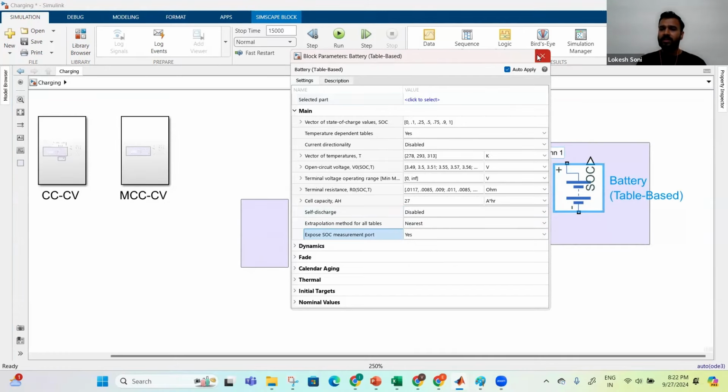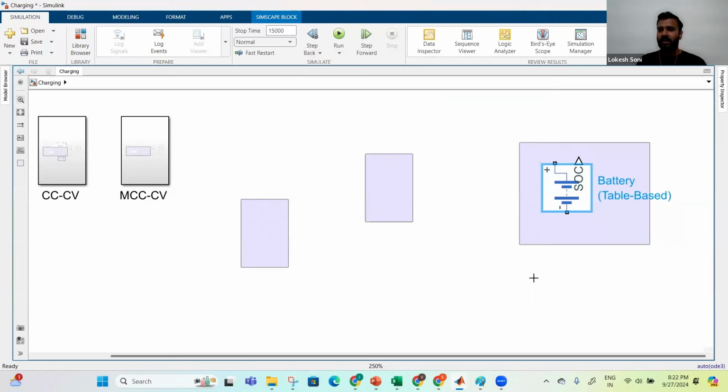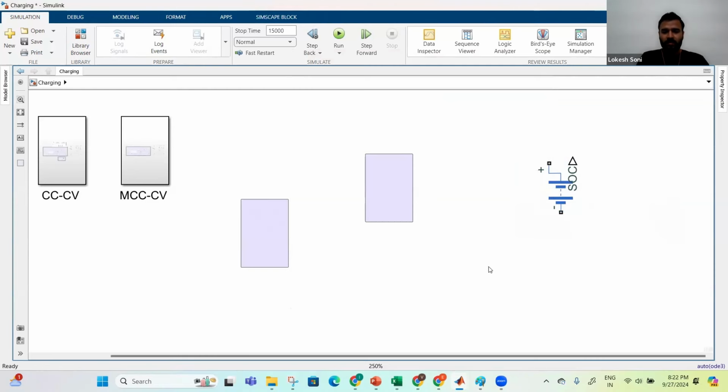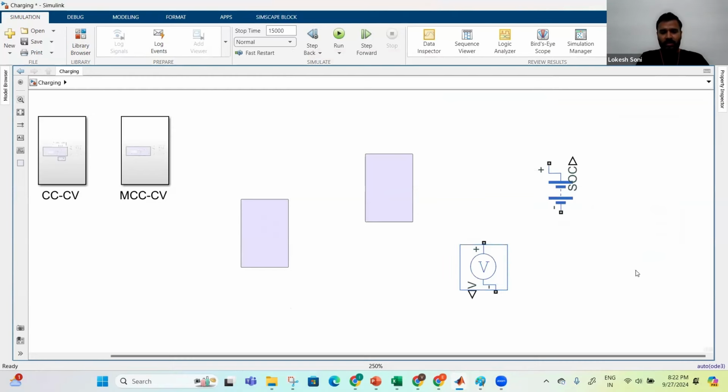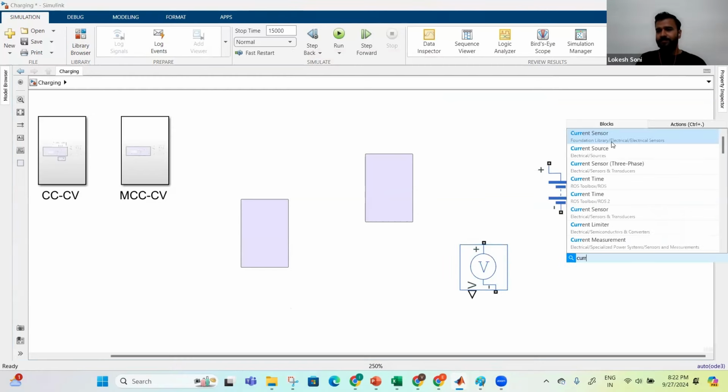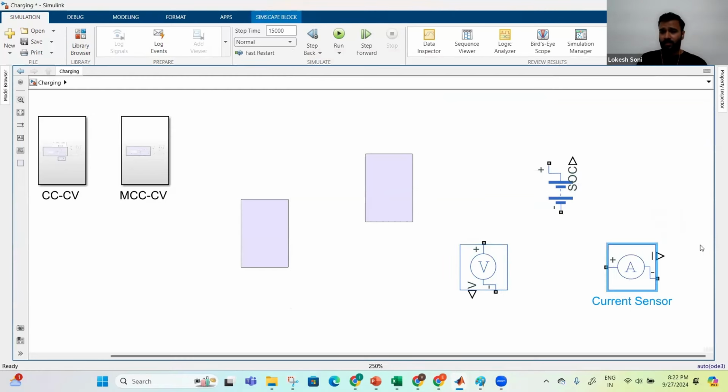These are the voltage terminals of the battery. We're talking about voltage and current, so surely we want to measure voltage and current. So I would take a voltage sensor and a current sensor, right?